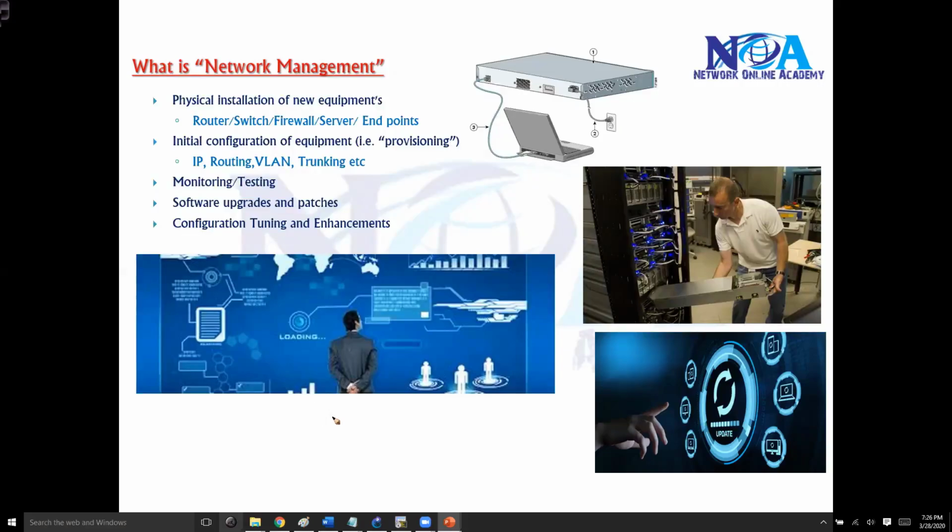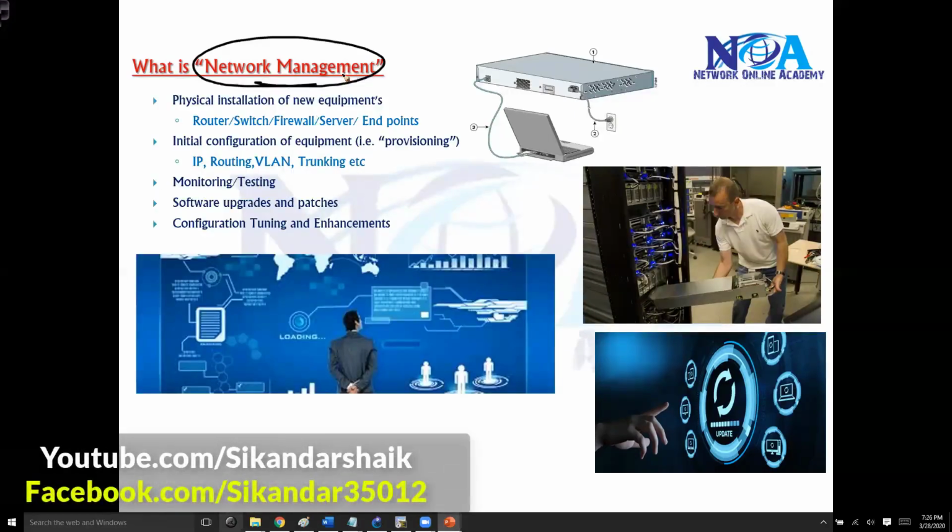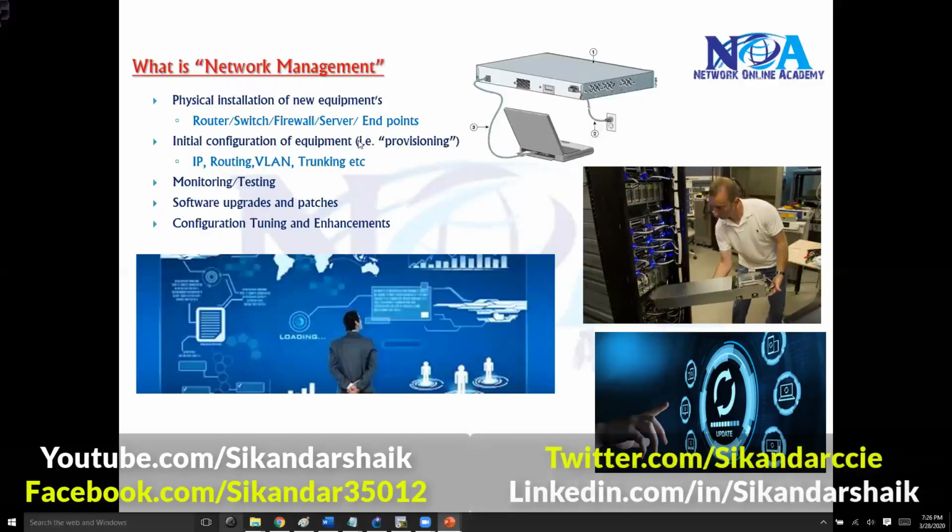So that's what we call configuration tuning and enhancements. So these are some of the general options that are included inside network management. You may do a little bit of other things as well. So I'm just trying to put up some of the common tasks that are included inside network management.